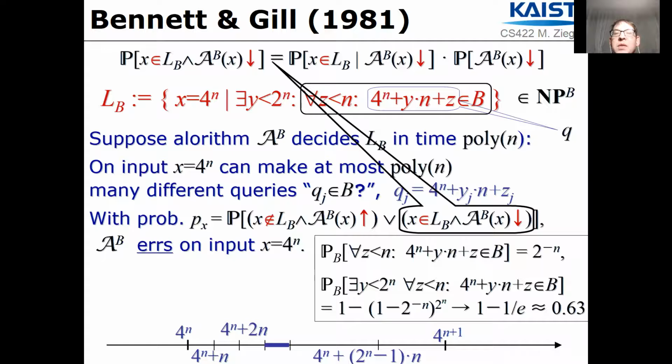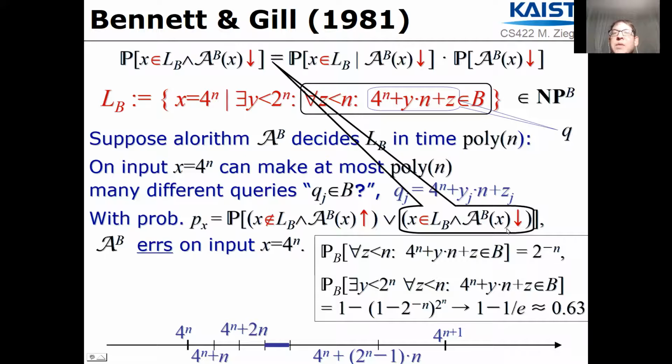And let's now suppose that the probability for the algorithm A with random oracle B to reject x would be at least 50%. Later we're going to consider the case where the probability is actually less than 50%, and we're going to show that in either case, in the first case where the probability for the algorithm to reject is at least 50%, then the second event occurs with probability at least 0.1.